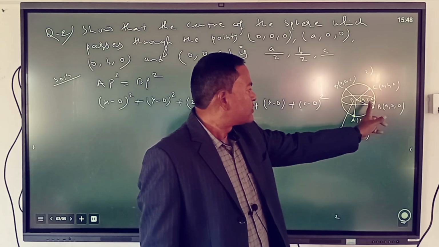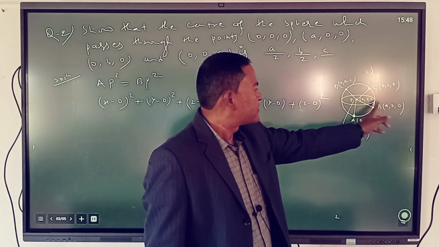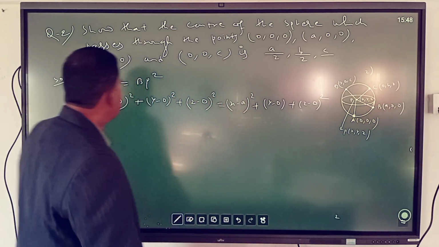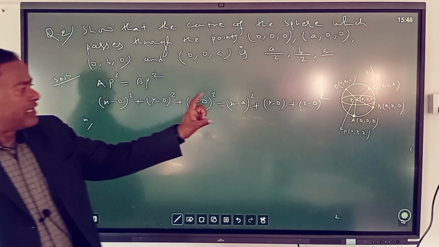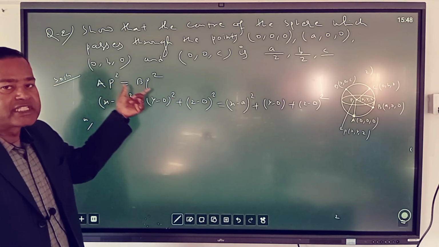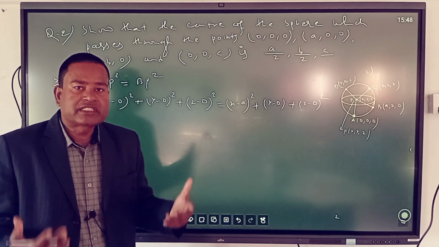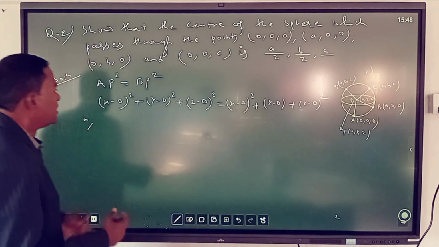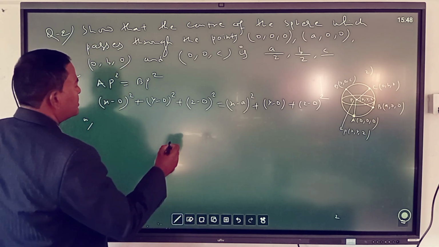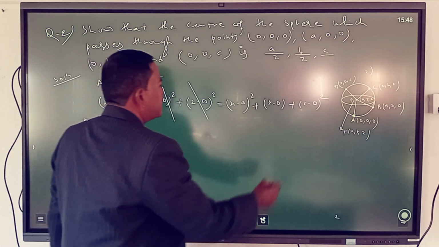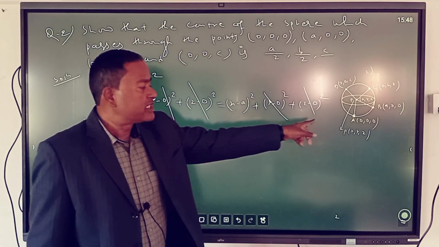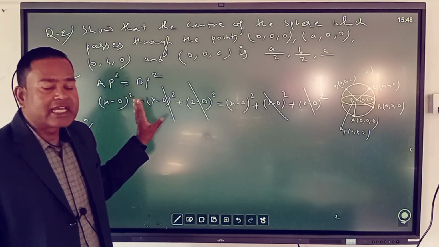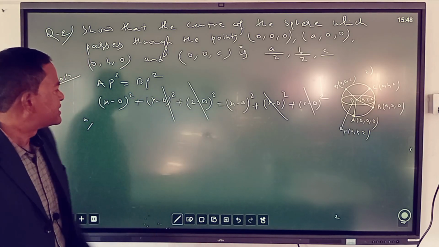So dear student, taking the distances AP and BP, we have squared both sides so that the root cancels. The last two terms, y minus 0 whole square and z minus 0 whole square, are the same on both sides, so we can cancel them.